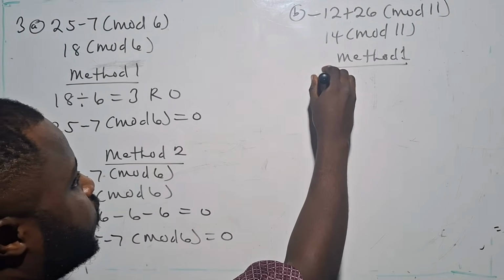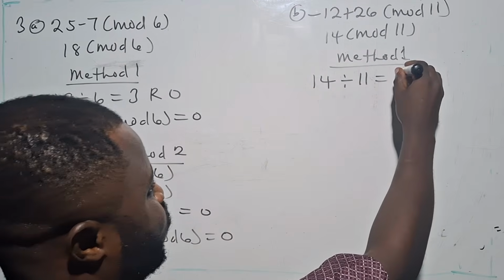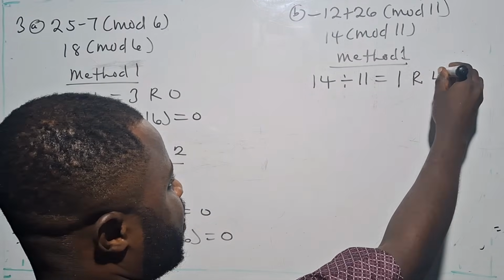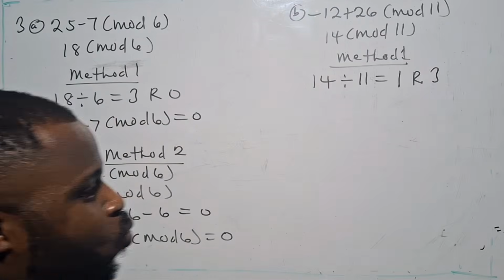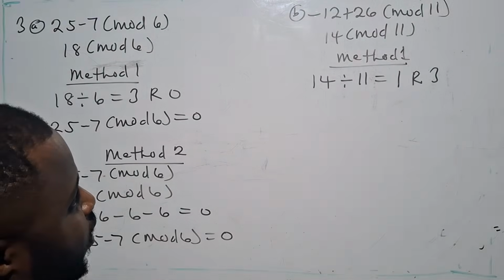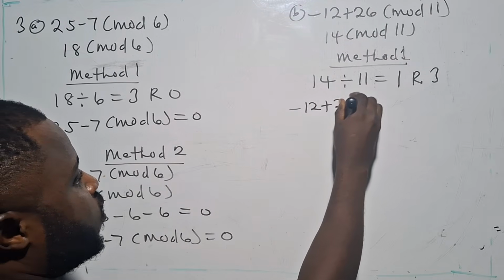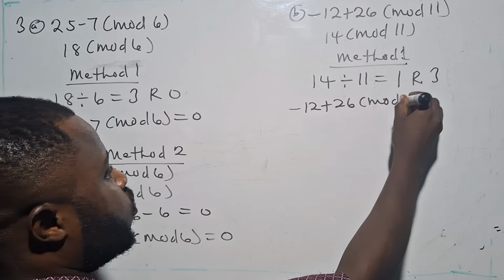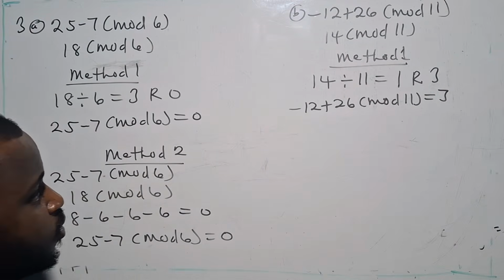So 14 divided by 11. Let's divide 14, one time, remainder 3. So our answer for negative 12 plus 26, according to this method, is going to give us 3.